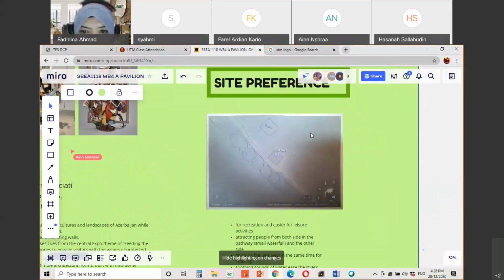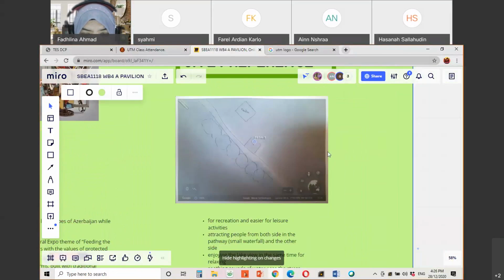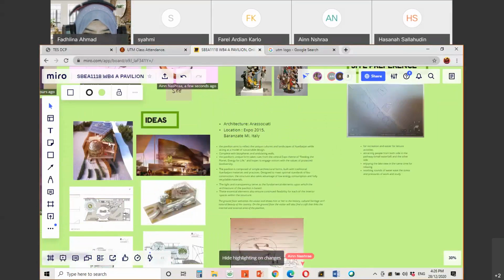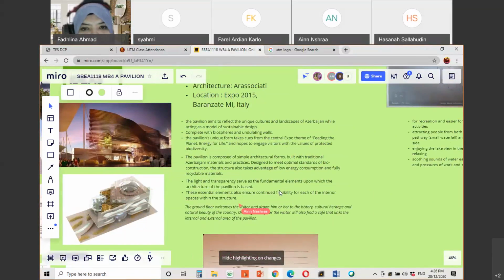And then this is my idea from the biomes and biodiversity feature in the Azerbaijan pavilion by the architect Aroso Shetty, and it is located in Italy for the Expo pavilion.